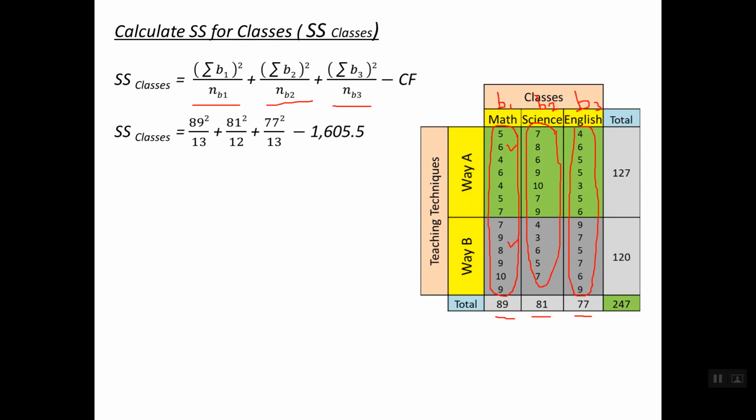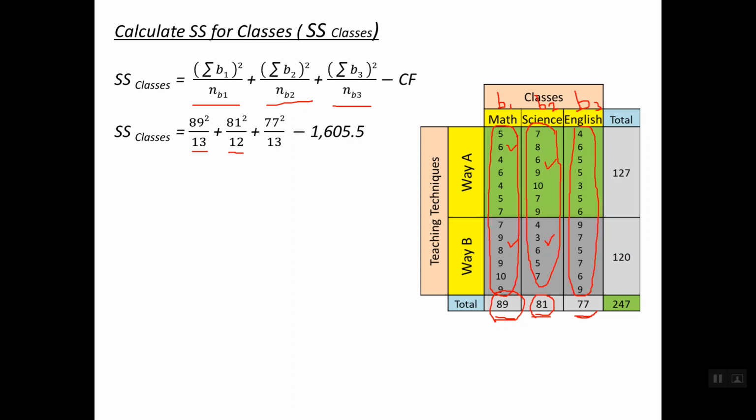The total of B1 is 89, and the number of observations for this level, which is the math, is 13. For the second level, the total is 81. So we square the 81, and if you check the number of observations for the science, by way A we have 7, while for science by way B we have 5. So 7 plus 5 is equal to 12.